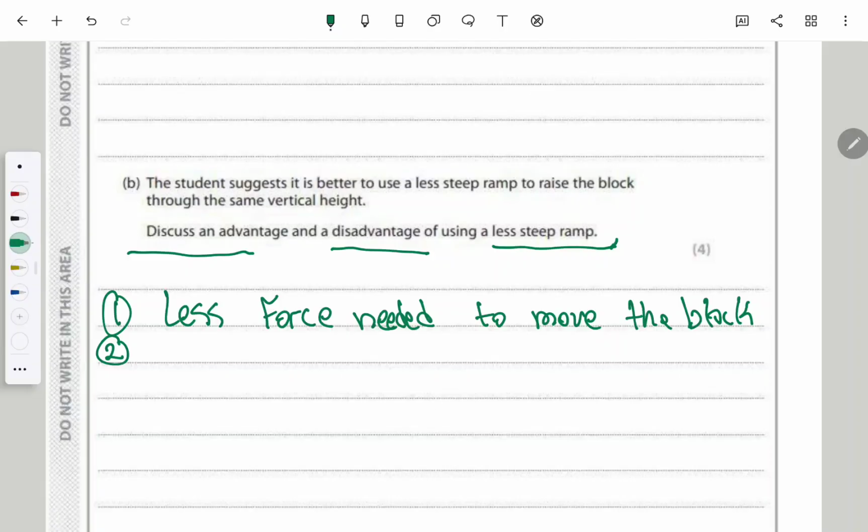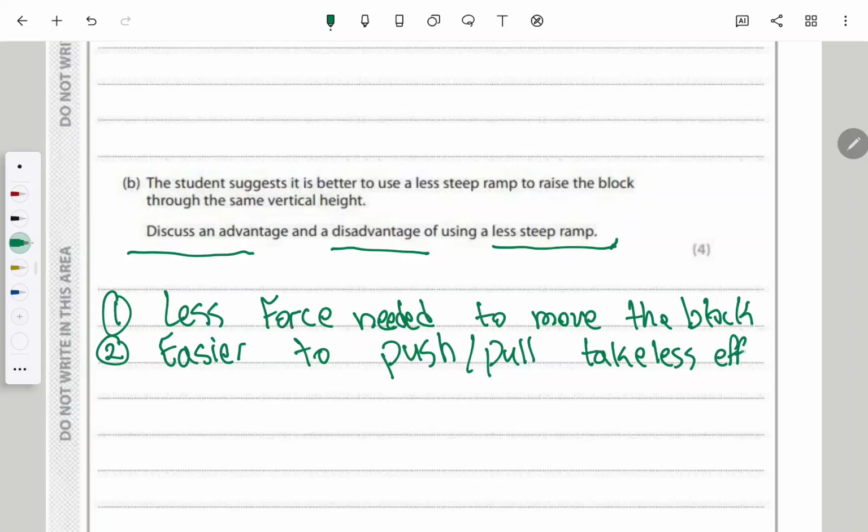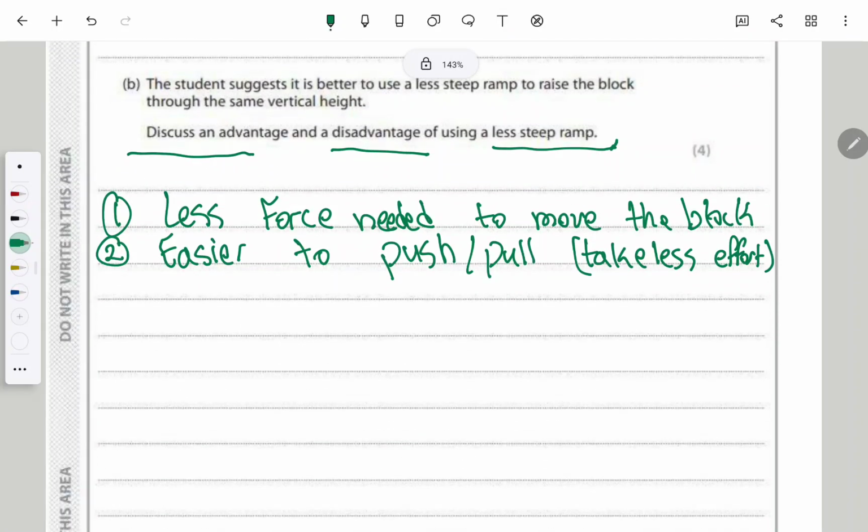The second advantage you could also think about is that it's going to be easier to push, or pull, for you to make it up there, taking less effort. Those are the advantages of taking a long ramp.